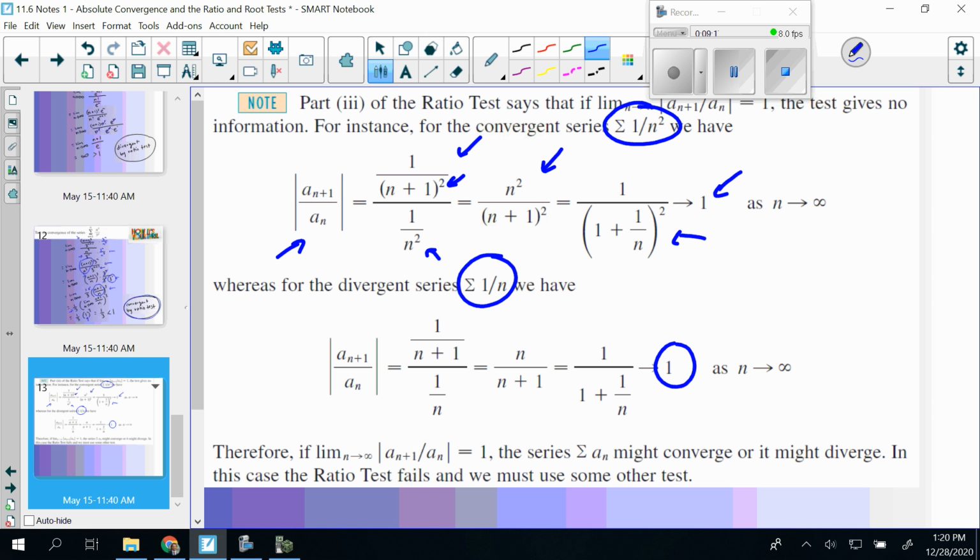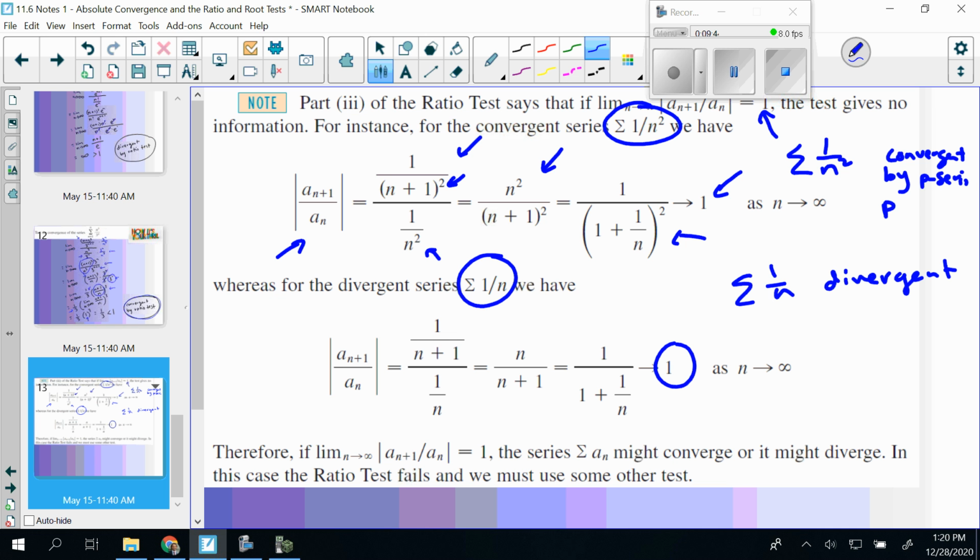And remember, when it equals 1, that's the one that we can't really use the test to determine. And this shows you why, because we know the harmonic series here is always divergent, but we also know that this series that we looked at on top is convergent by p series here, because our p of 2 is bigger than 1.